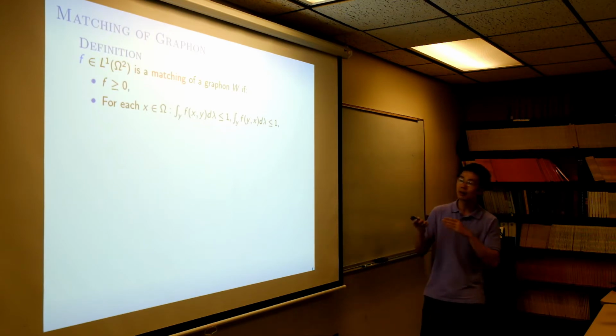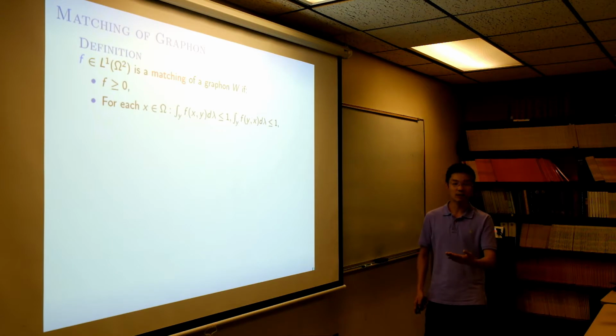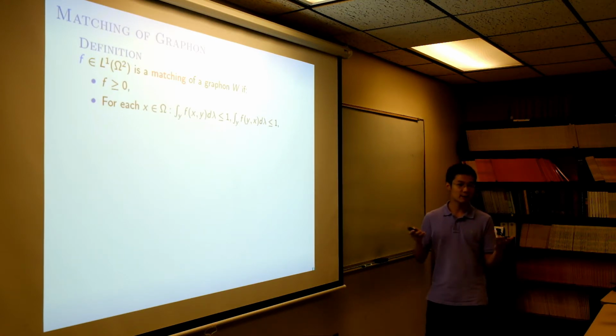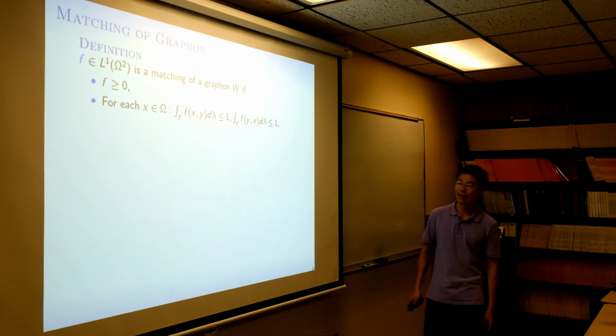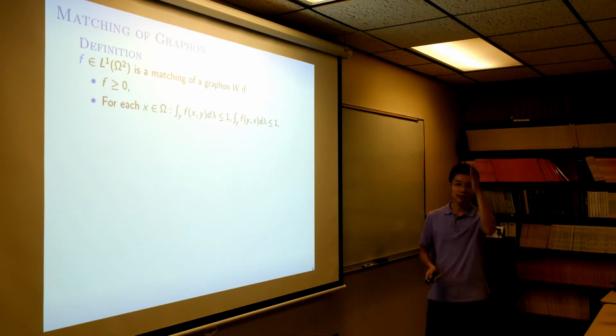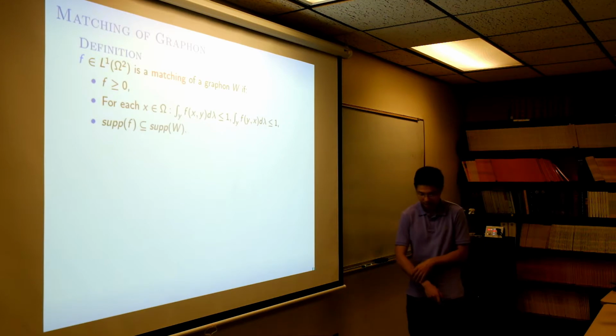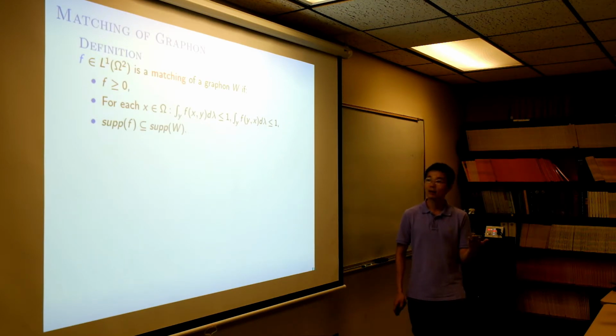So for a fractional matching you have a function on the edges, and here you have a function on Omega squared, or you can just think of it as [0,1] squared. It is a non-negative function, and for each x, you take the integral along the vertical line or the horizontal line. It should always be less than or equal to 1. Before, we said f is on the edge set, right?